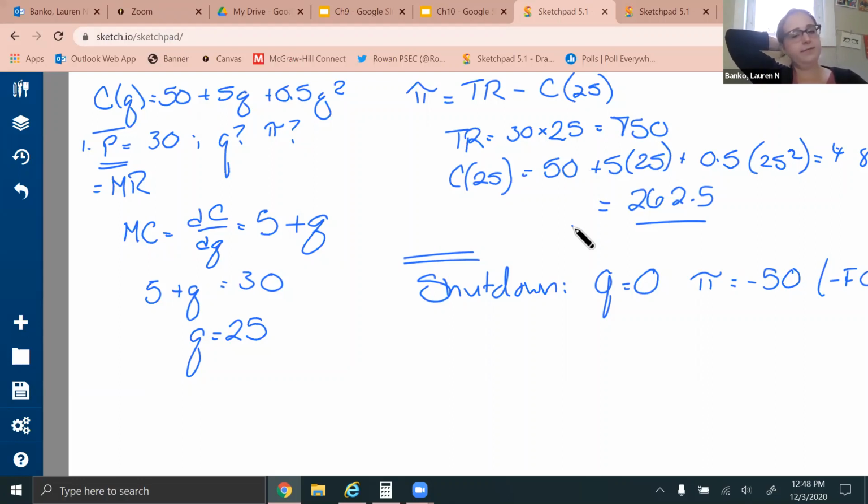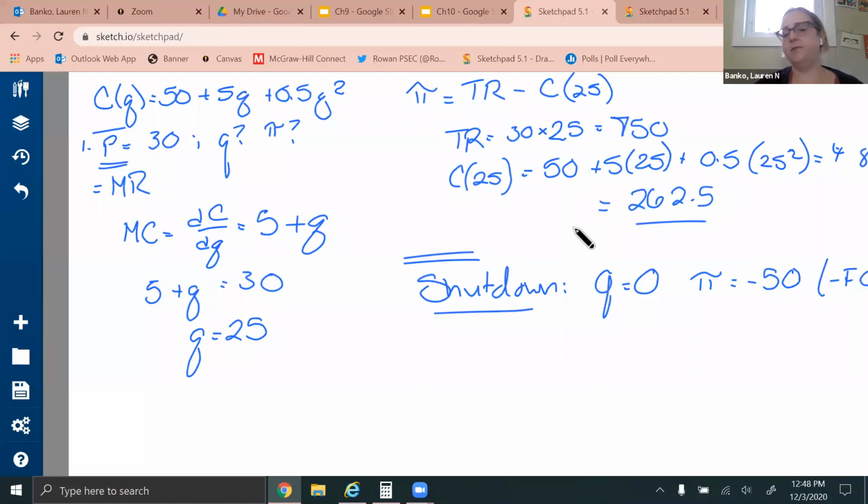But we can summarize the shutdown option. As we're going to go forward, we're going to find the firm's supply function. So given any price, how much we should produce, putting it into a function to make it easy to see. But we can think about the same thing with the shutdown. When are we going to shut down?